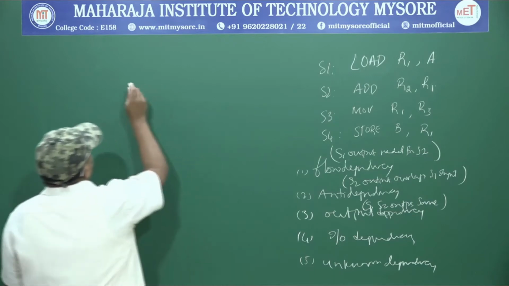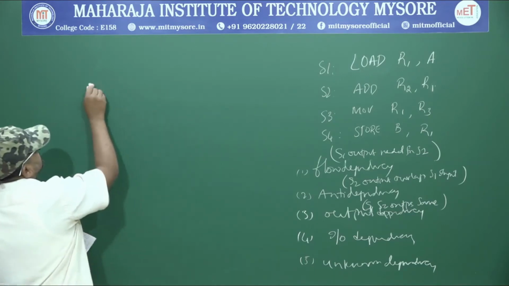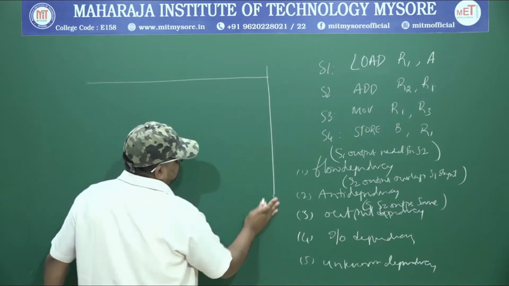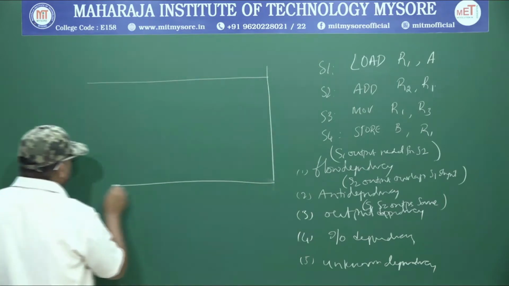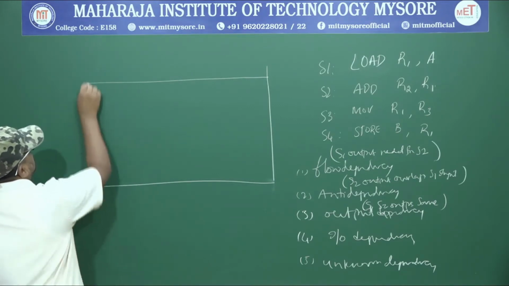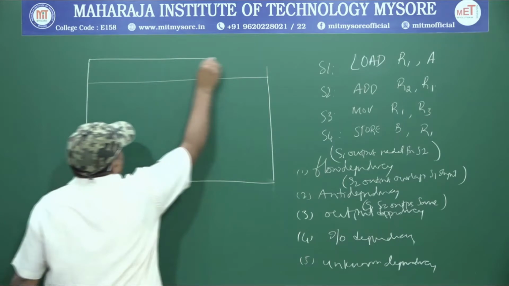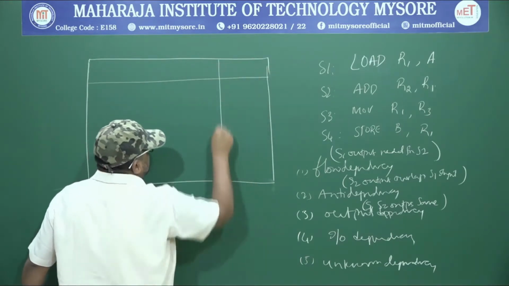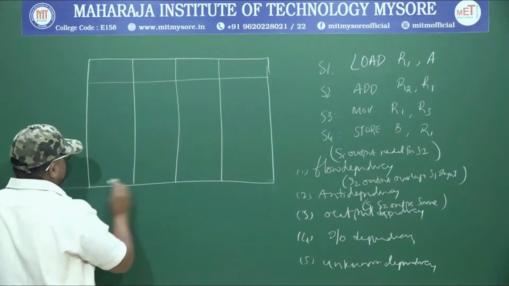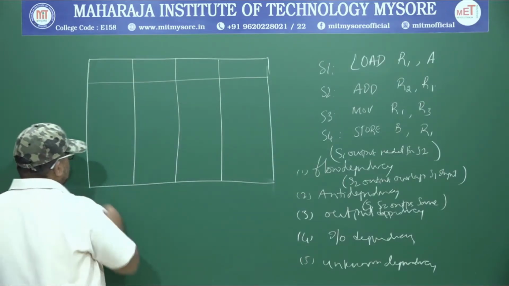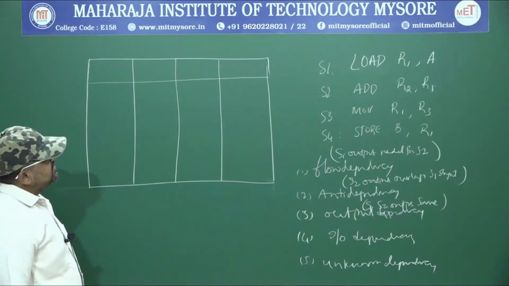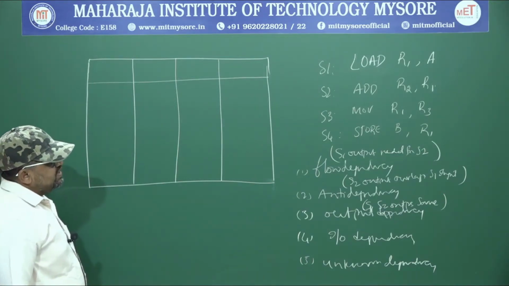I'm going to draw a table like this. In this I'm going to fill the columns with the dependencies.